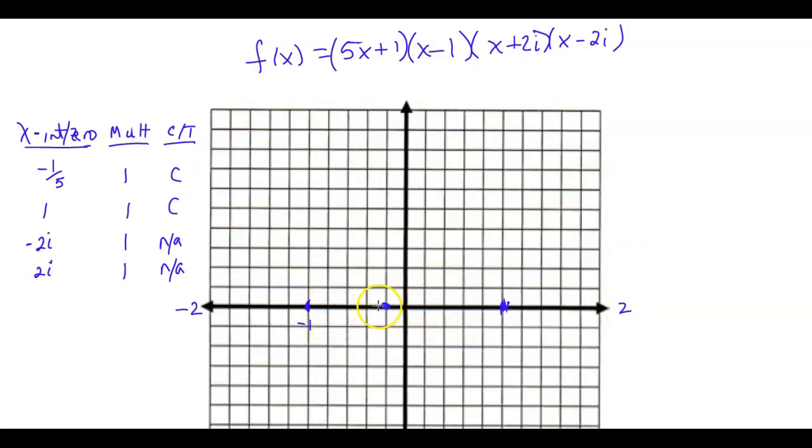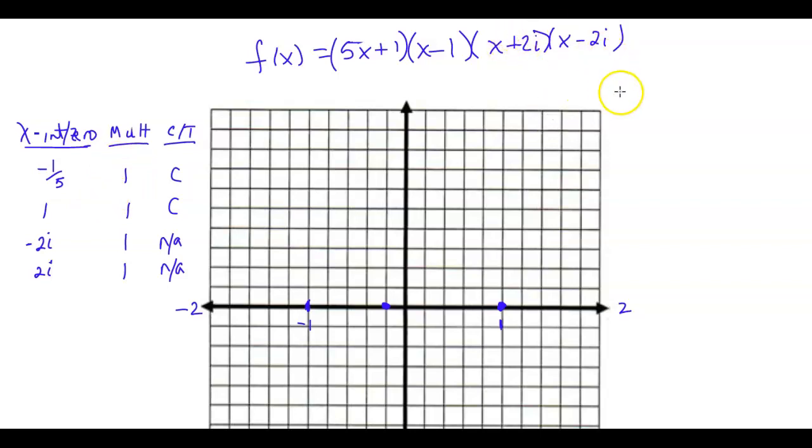We have a 0 here at x equals -1/5, and then of course we have 1 at x equals 1. And that doesn't want to work for me, so I'm going to erase this and draw something, make it look nice here. That'll be the other 0. And so now, since both of these cross, we need to know what our leading term is going to look like.